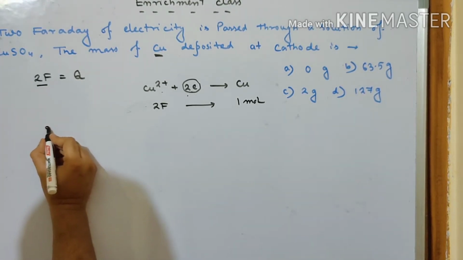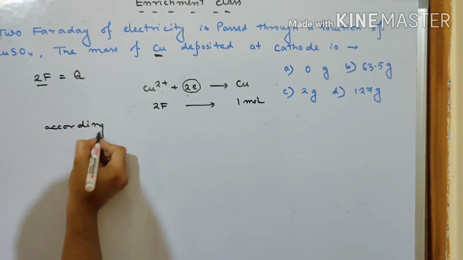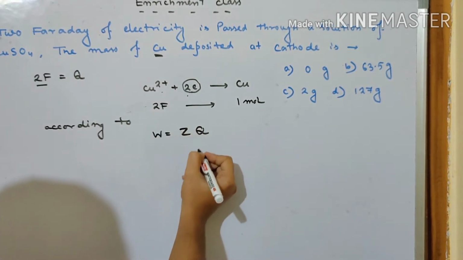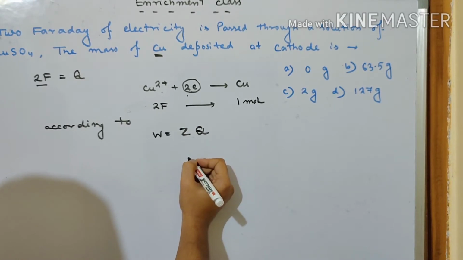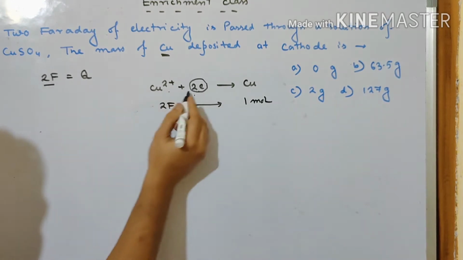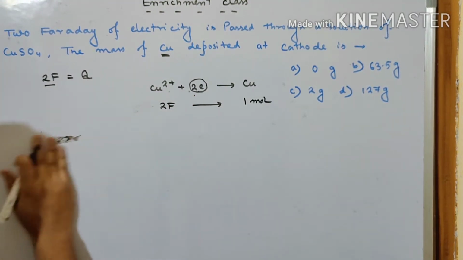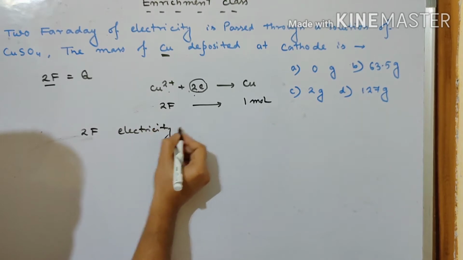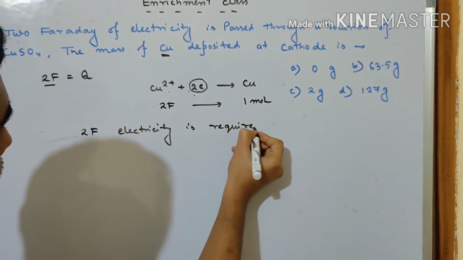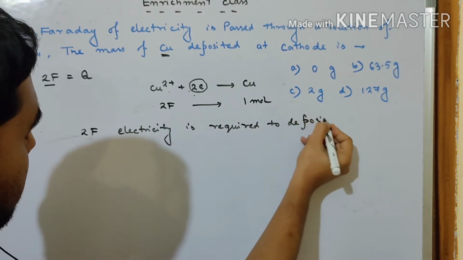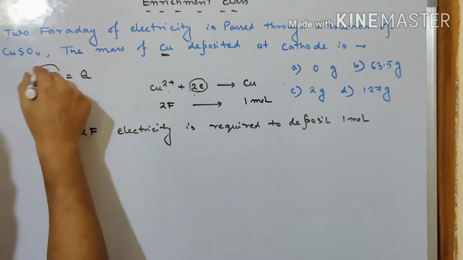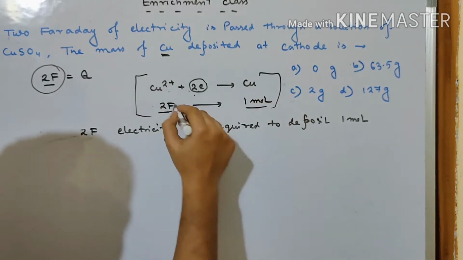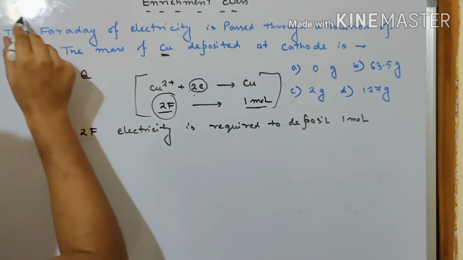And according to the formula that we use, W is equal to Z into Q. Now it can be calculated very easily because we know as per this, 2 Faraday electricity is required to deposit 1 mole, and the given amount is also 2 Faraday.